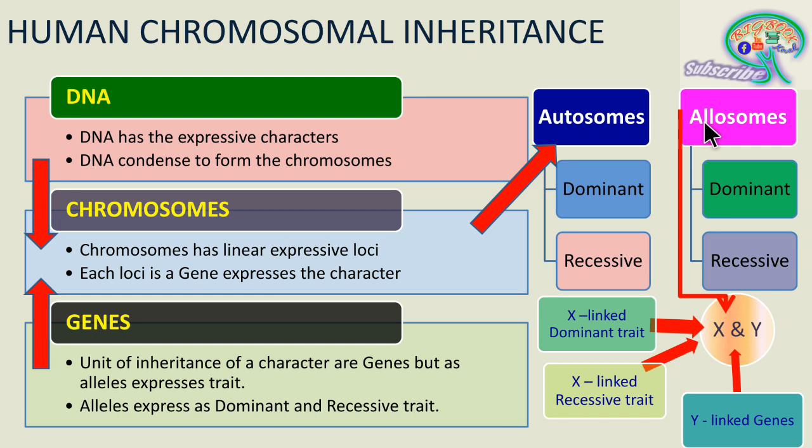Y doesn't have many genes which inherit the many expressive characters compared to the X chromosome. So here we are going to consider only the X chromosome in place of the allosomes.